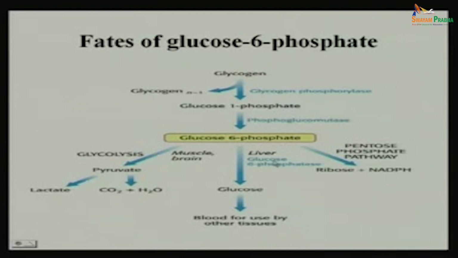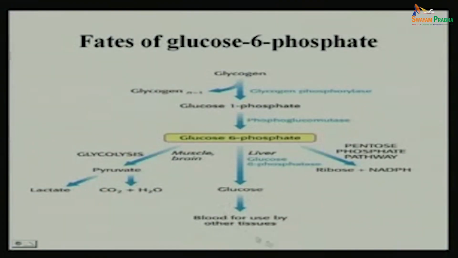Glucose 6-phosphate inside the liver, in the presence of glucose 6-phosphatase enzyme, is getting dephosphorylated, and it becomes glucose, and this glucose can now come to the bloodstream and go to the different parts of the body and supply energy.